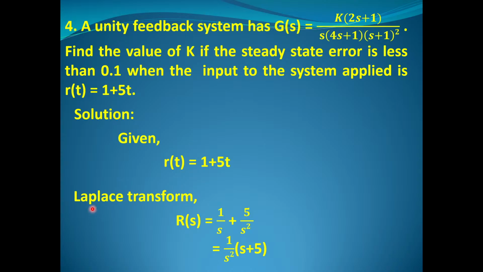Okay then. So this is our input. Of course, by looking at the system, you can see feedback is unity feedback. This is G of S, and by looking at the system, we can say it is a type 1 system.